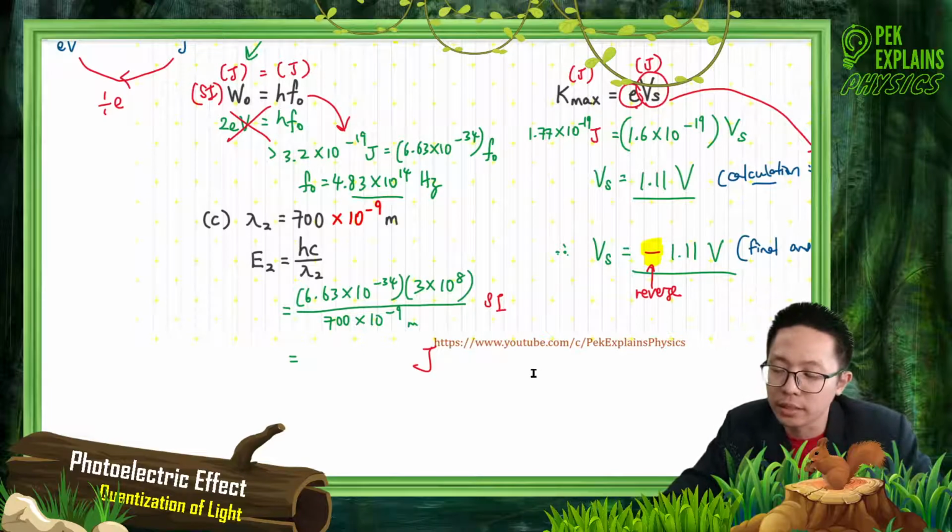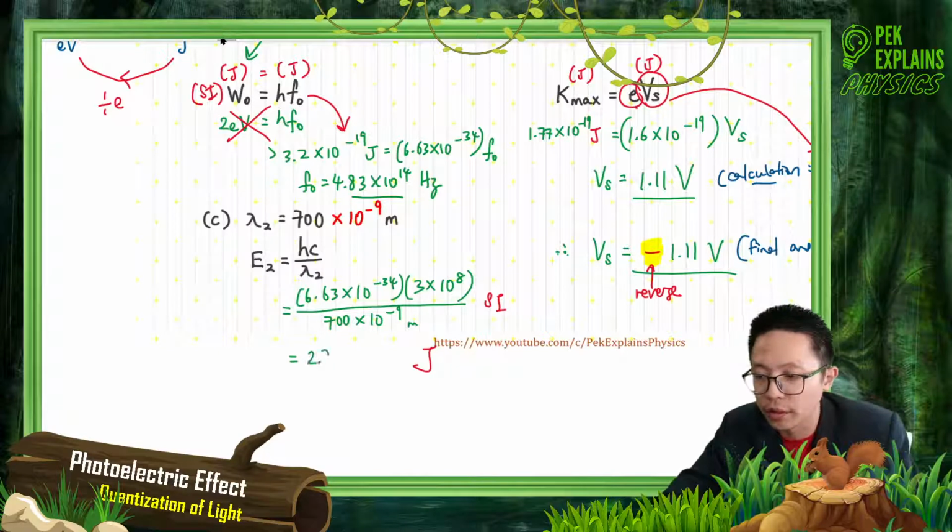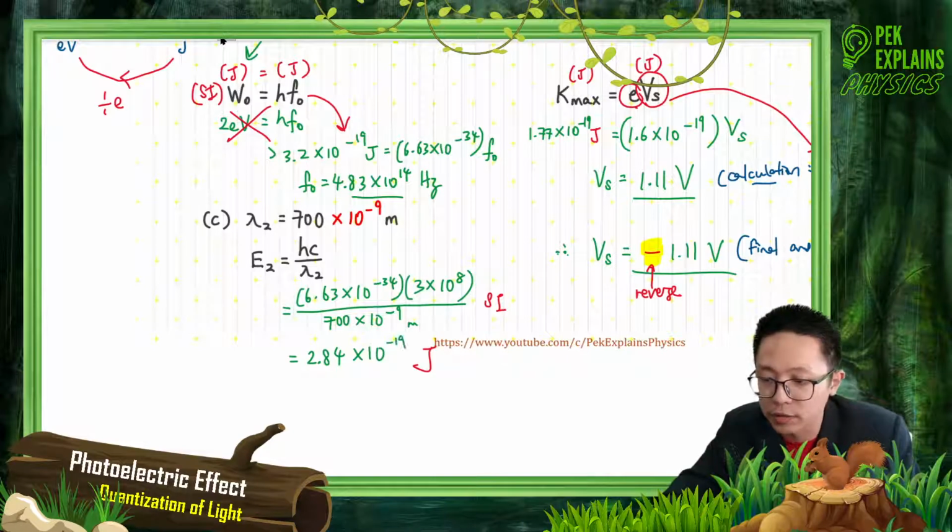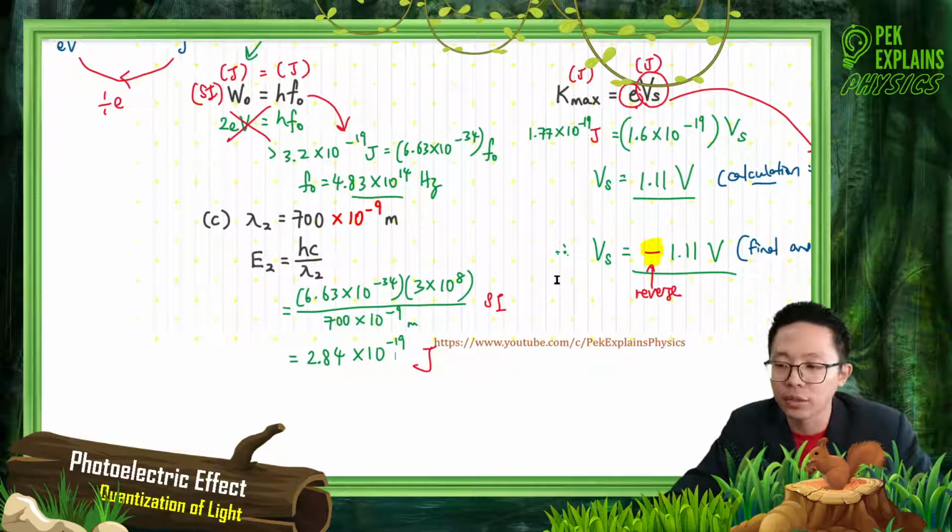So what is the answer in joule? I get 2.84 exponent negative 19 joule. So I already got the energy of the second photon in joule.